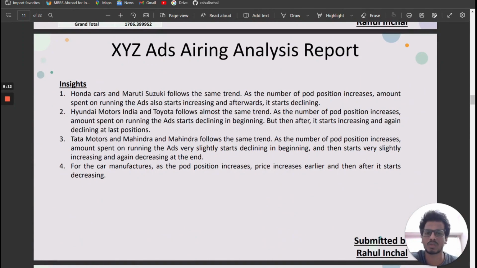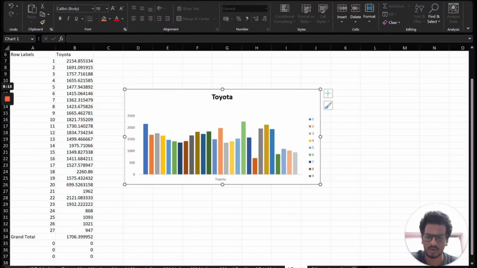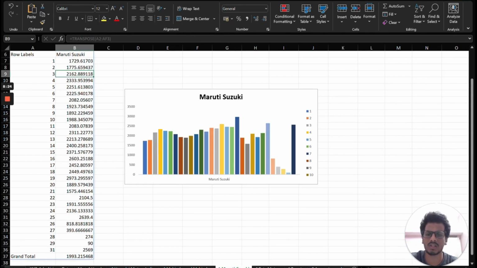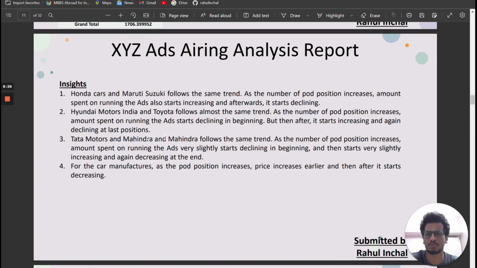Honda Cars and Maruti Suzuki follow almost the same trend. As the number of pod positions increases, the amount spent on running the ads also starts increasing afterwards.